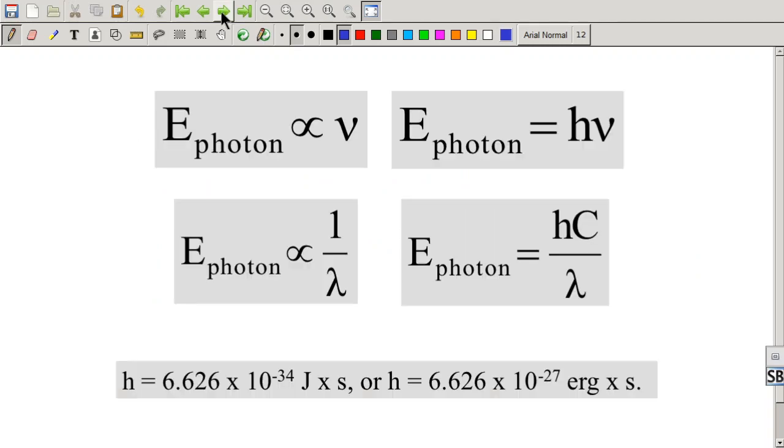And so along comes a physicist by the name of Max Planck. And what Max Planck did was he said, okay, light energy, or I should say electromagnetic radiation, is not a continuum. It is quantized. There are single photons that you can see if you look hard enough. And so each quanta has energy that's proportional to the frequency. And this h value is what's known as Planck's constant.